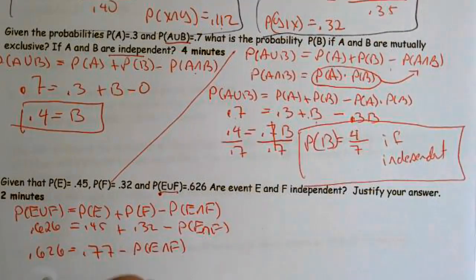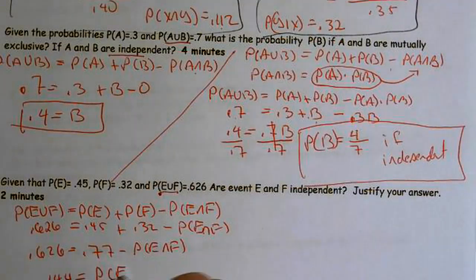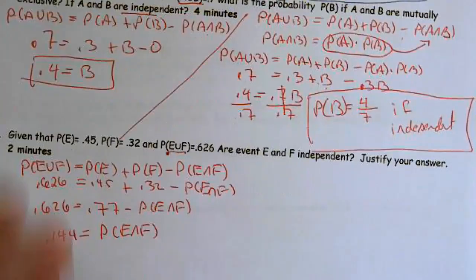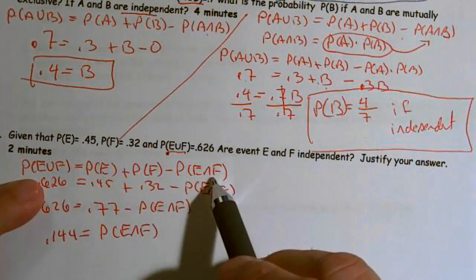So 0.144 equals the probability of E intersect F. That doesn't prove anything. That's what this has to be.